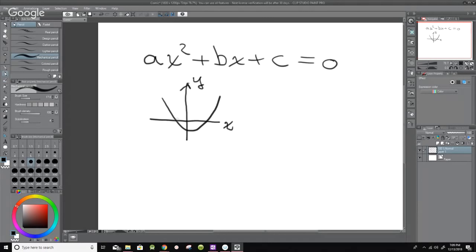When they talk about the roots, they're referring to the points where the curve passes through the x-axis. And the reason there are two of them is because this is a quadratic equation, because it's squared. That helps you understand how many times you might expect it to pass through the x-axis.